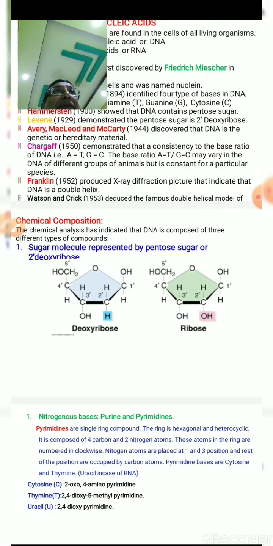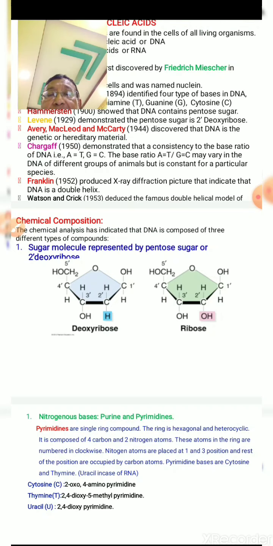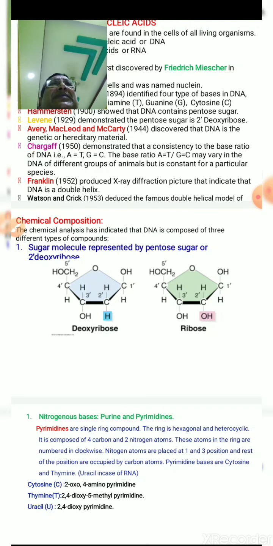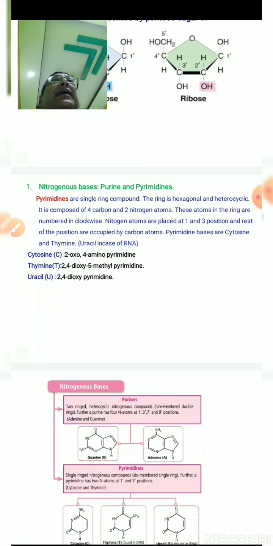Second is the nitrogenous bases. Actually, we know ATGC, but in the true sense, nitrogenous bases are of two types, known as purines and pyrimidines.